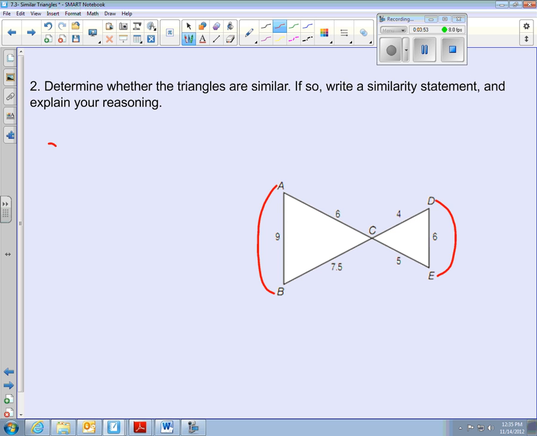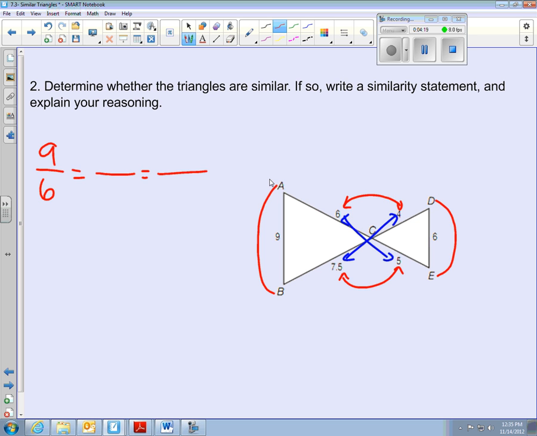So I know I can say 9/6, but now to come up with my other two proportions, we need to figure out, are these two sides proportional and these two? Or are the ones across from them the proportional ones? So I'm going to set up the red ones and then set up the blue ones, and then I'm going to ask you guys to find the scale factor with those.